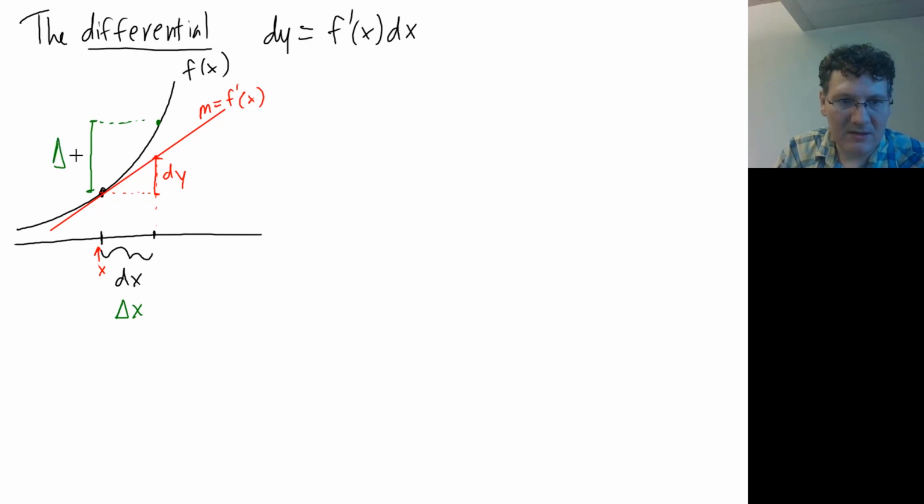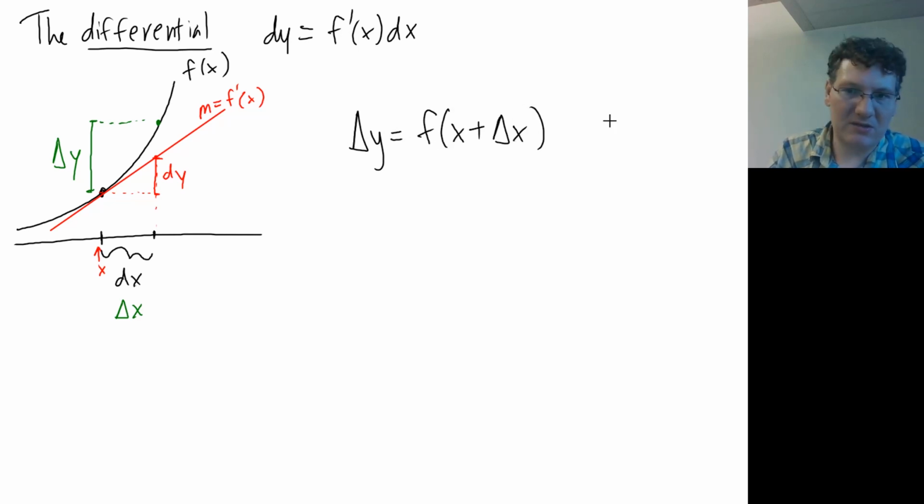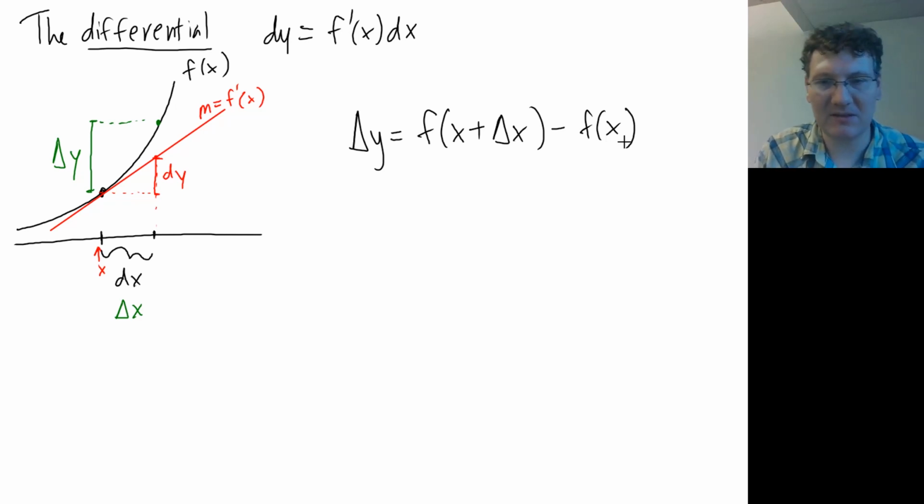So I'll put it in terms of notation: delta y is f of x plus delta x, so for some change of x, minus f of x. So delta y would be the actual change of the function when x changes by delta x from some starting value. Here we're fixing x.